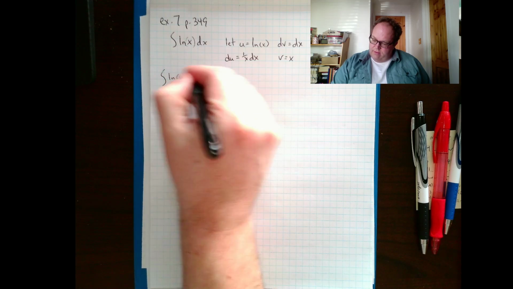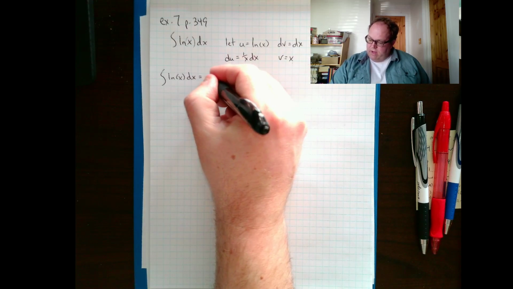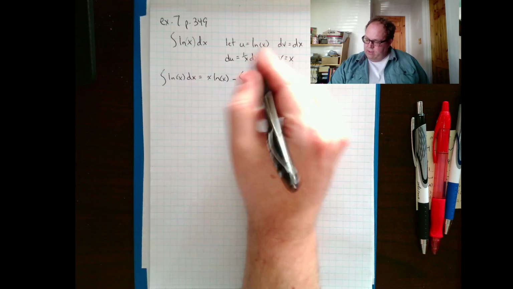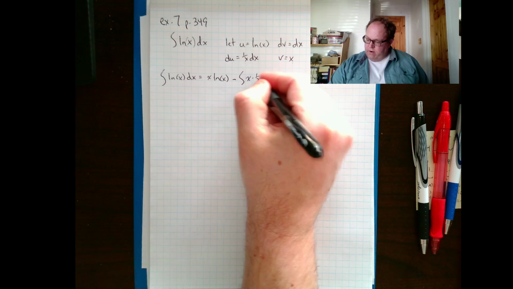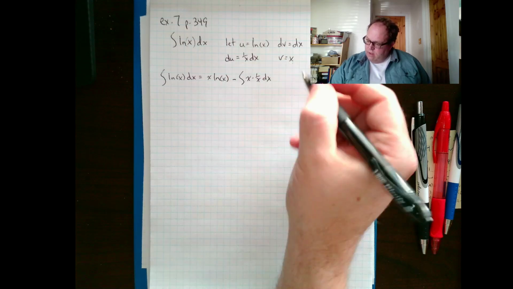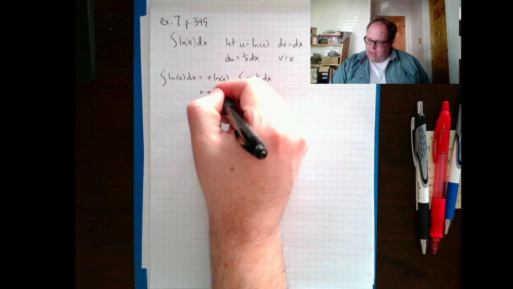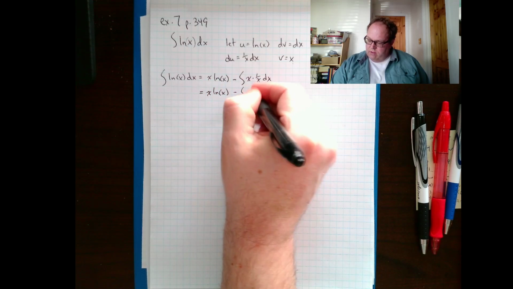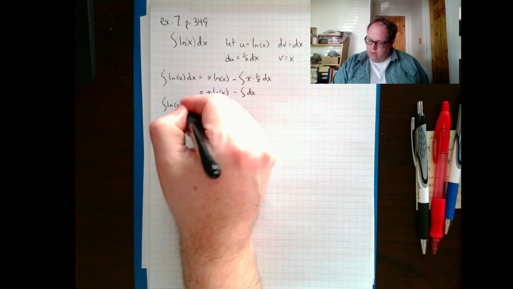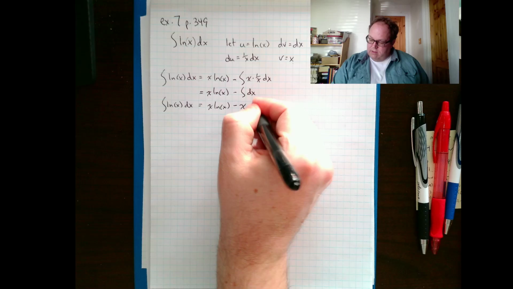Stepping through my formula for integration by parts, I have u times v, which would simplify to x ln x, minus the integral of v du, x times 1 over x dx. Well, the x and the 1 over x cancel out, so this just simplifies to x ln x minus the integral of dx, or x ln x minus x plus a constant.